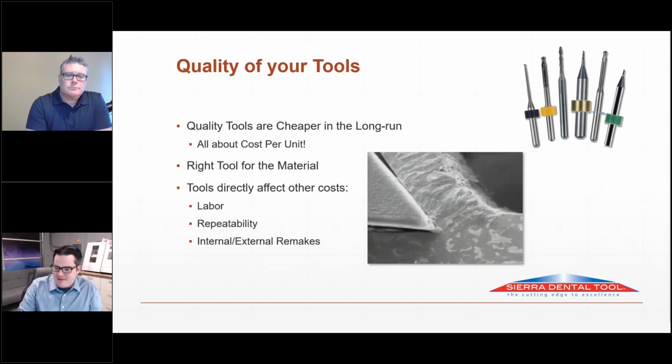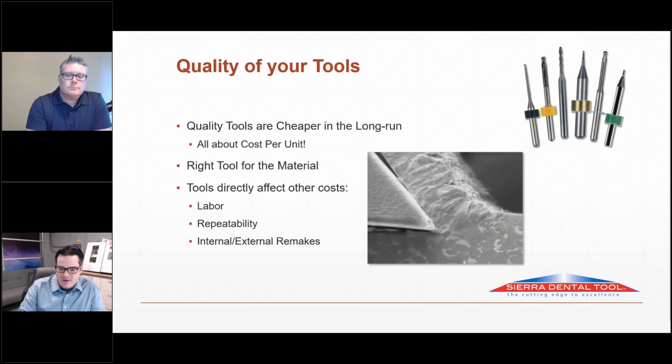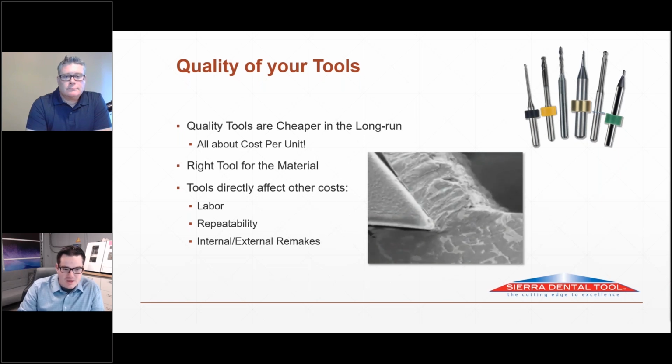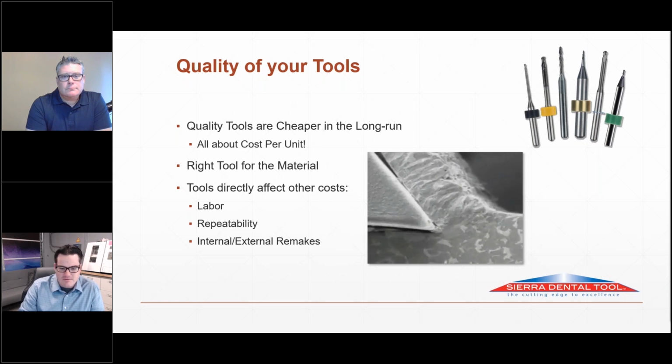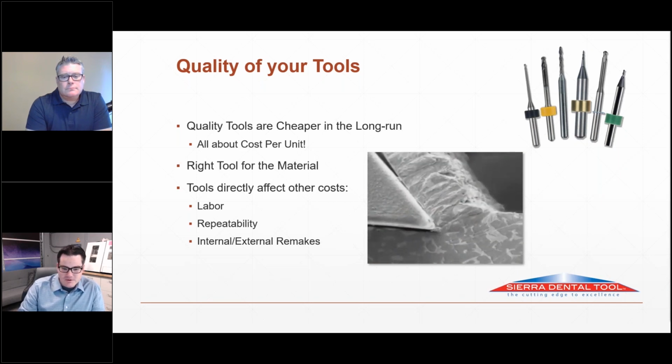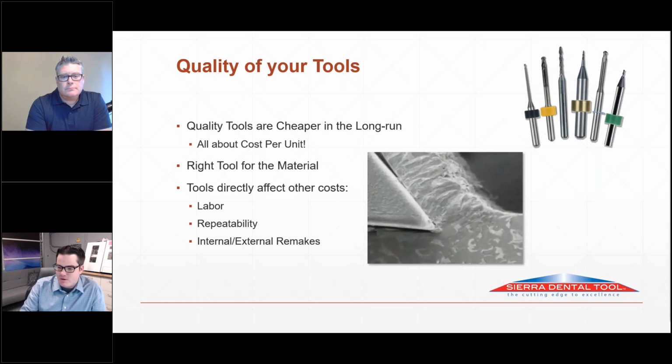But time and time again, I come across people who don't even track the tool life. If you're using an eBay tool or a Chinese tool or something that's not exactly the best thing to use, and then you switch to a Sierra tool, you're going to see a huge decrease in your cost per unit.